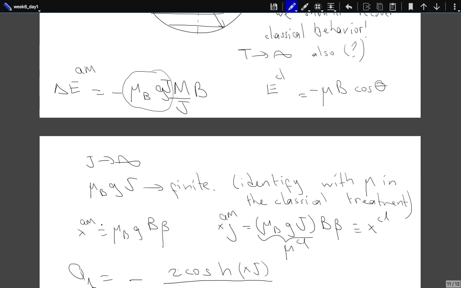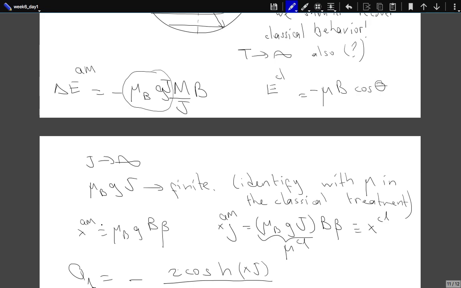That product I should identify with the magnitude of the magnetic moment. Well, it kind of makes sense. We already said that the magnetic dipole moment is this Bohr magneton multiplied with the angular momentum. J is kind of the magnitude of the angular momentum. So mu b times G is some kind of a proportionality factor, times J is actually the classical definition of the magnetic dipole moment. So that's why I identify that with mu.